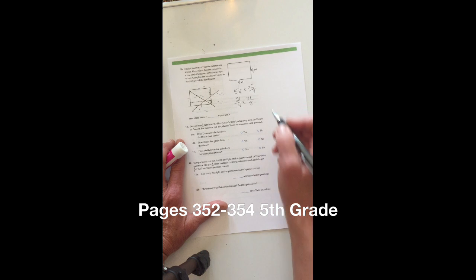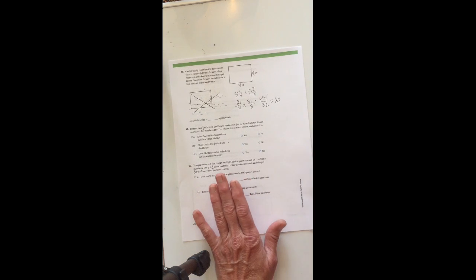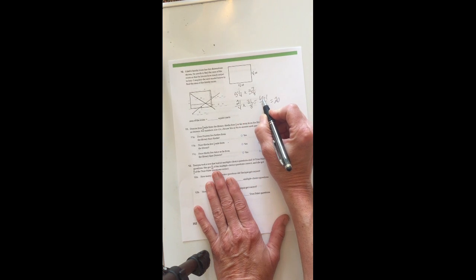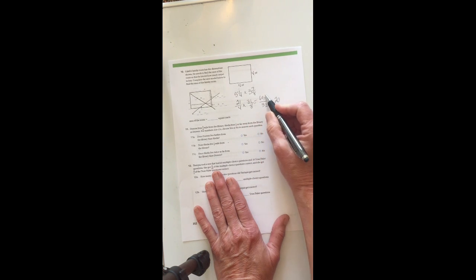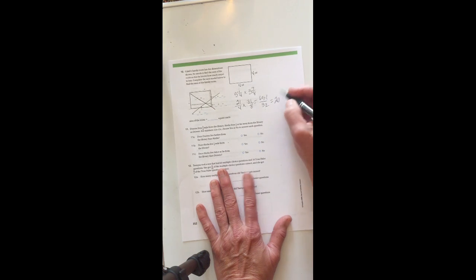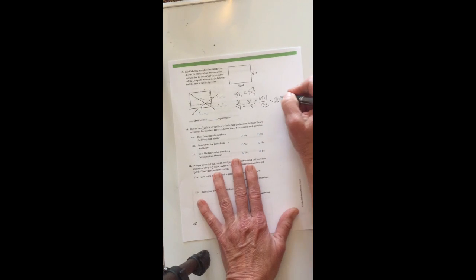Oh my goodness, I don't see one. I don't know why they give us these kind of numbers though, but 21 times 31 is 651. 4 times 8 is 32, so then we just have to divide. 32 goes into 651 20 times, which would be 640, which leaves 11 out of 32 left.